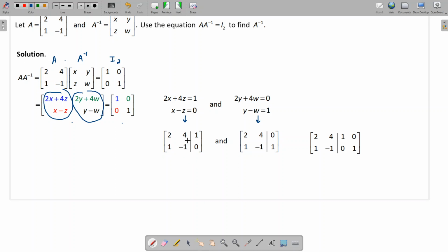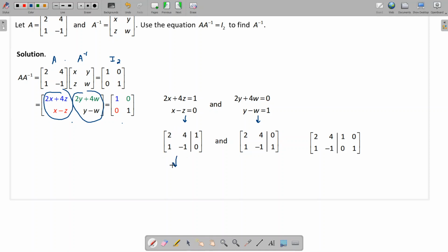Now, if you think about it, we need to solve these systems. We could just go through and do it by hand, do elimination or substitution, but we could also do row reduction on these matrices. But if you think about the process that you go through to do row reduction, it's going to end up being the same exact process, because we never make a decision on a row operation based on what's over here. We only make the decision based off of the coefficient matrix.